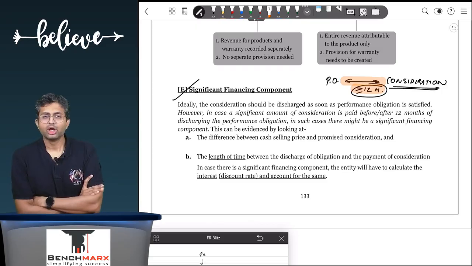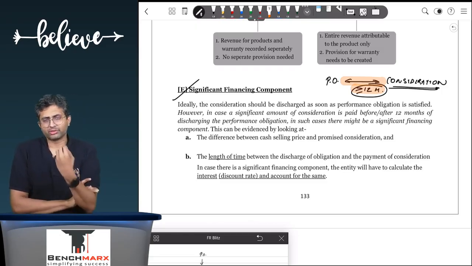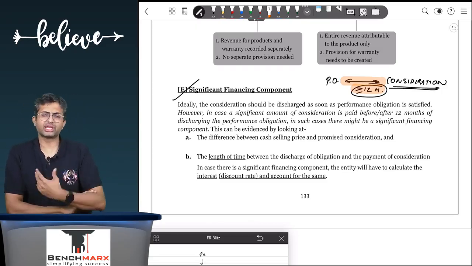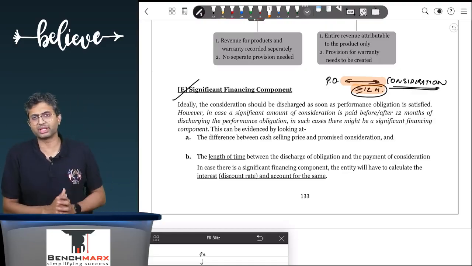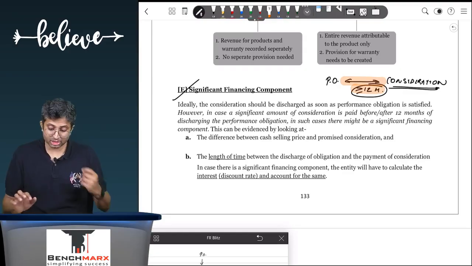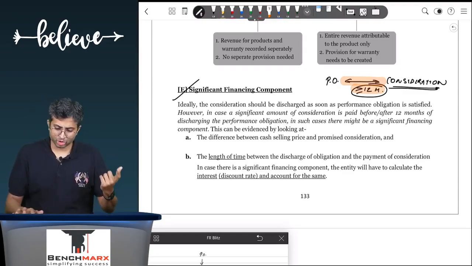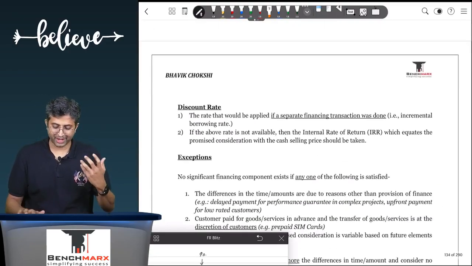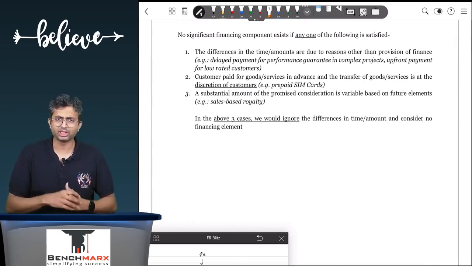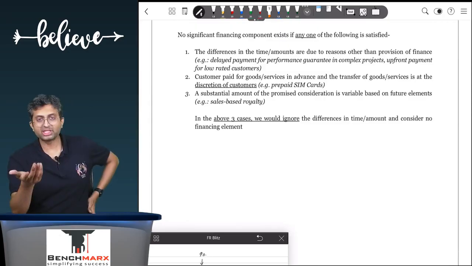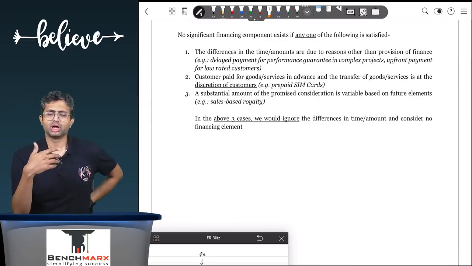Secondly, the standard says, and it's a new standard, that merely because it is more than 12 months, it does not necessarily mean that there will be a financing component involved. There can be certain exceptions. The exception may be that the gap is for a factor which is other than time. For example, there's a performance guarantee, or you will pay the amount after you do a test.